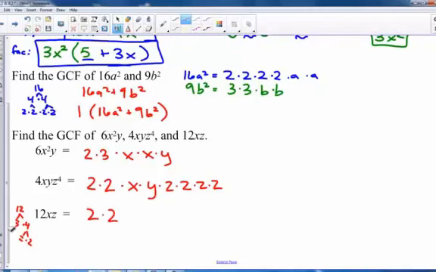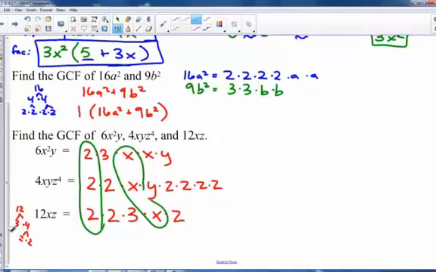So 2 times 2 times 3, 1x, 1z. Okay, so we've got a 2 in common for everything. And we've got an x in common for everything. And that's it.